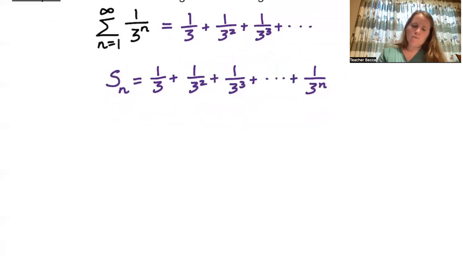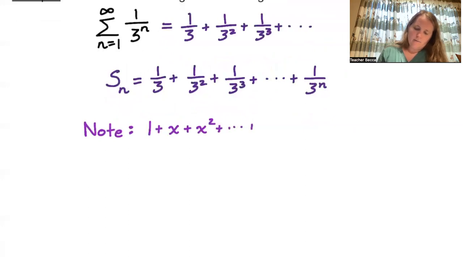Now we have a little rule. Note that if we have 1 plus x plus x squared plus all the way up to x to the n minus 1, this is the same thing as x to the n minus 1 divided by x minus 1.